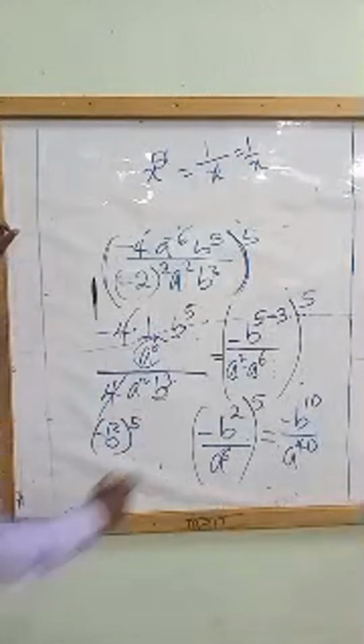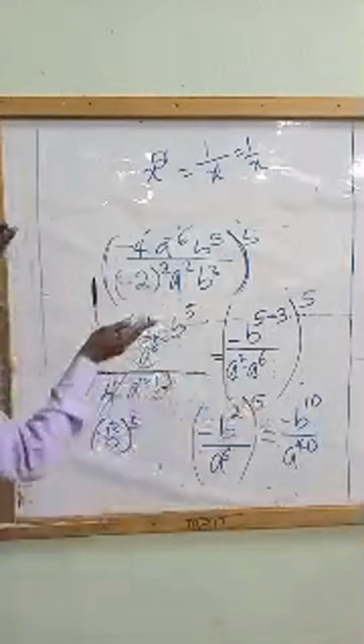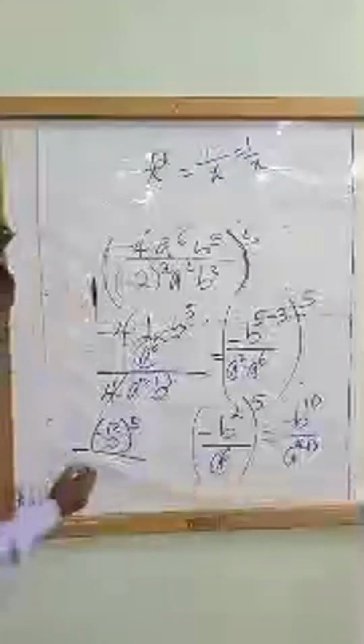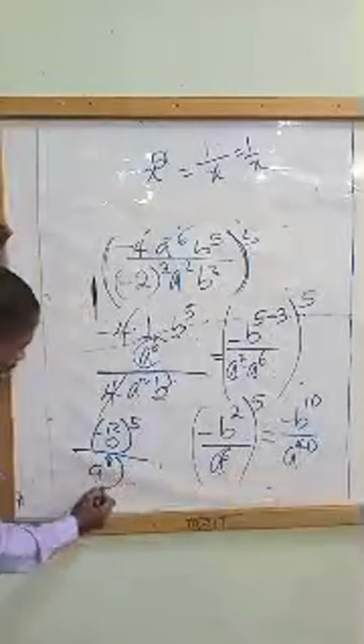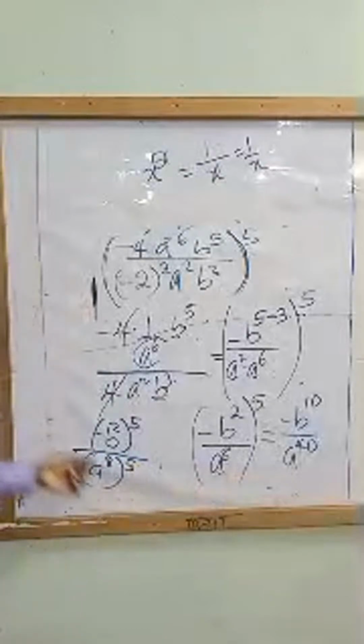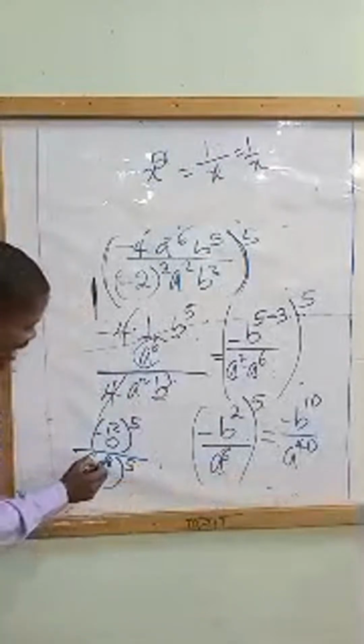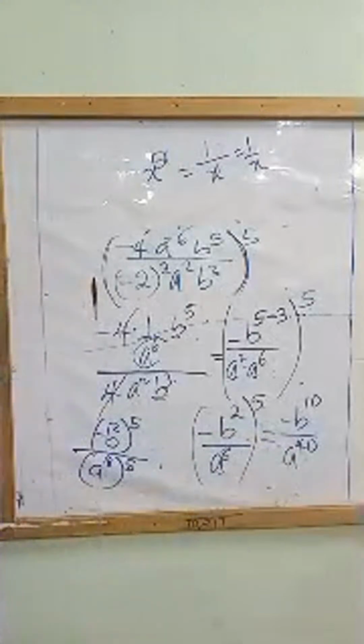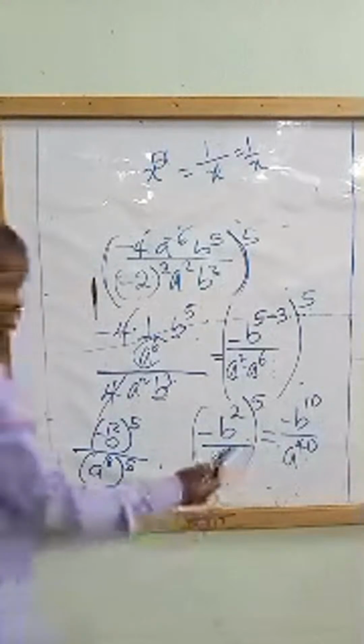This power will affect the numerator, and will also affect the denominator. So that will be equal to a to the power 8, and again, times over what? Exponent 5. And that will be 8 times 5. That's 40.